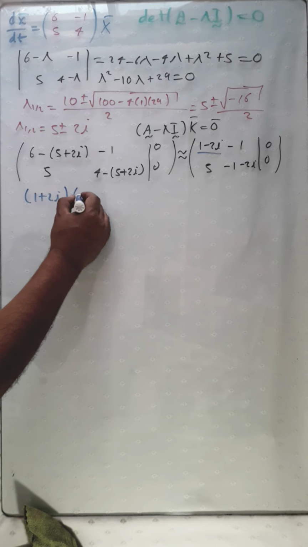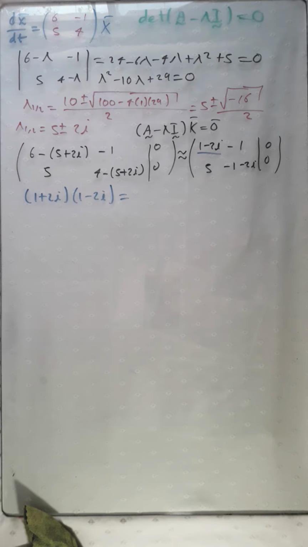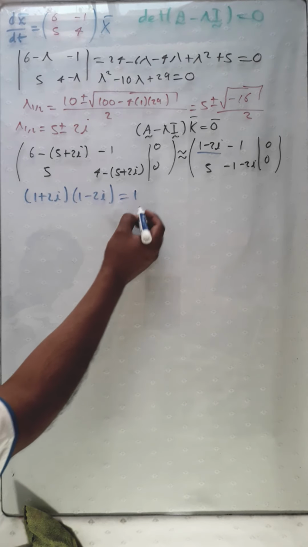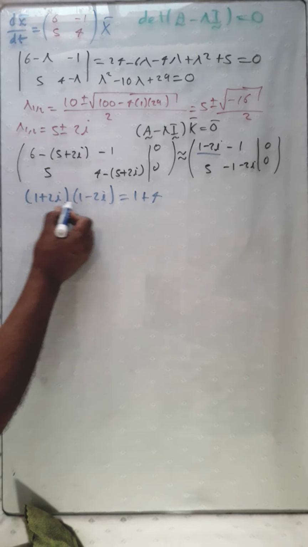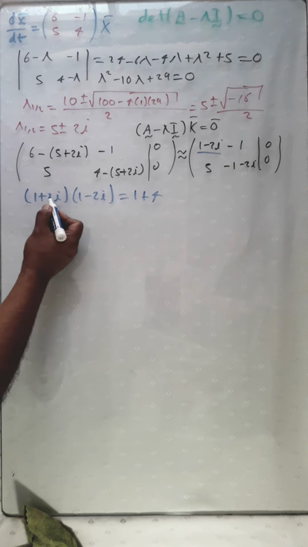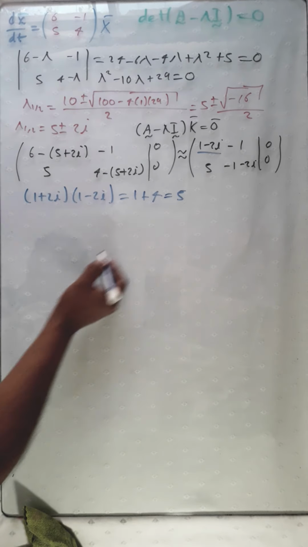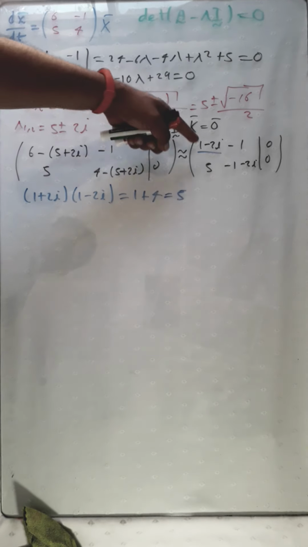In my first row I have 1 minus 2i. So what will be the result of making that multiplication? It's going to be 1 plus 4, because i squared is minus 1 and this minus 2 times 2 is minus 4, but because of the i squared it is 4, so that is equal to 5. And down below we have 5.